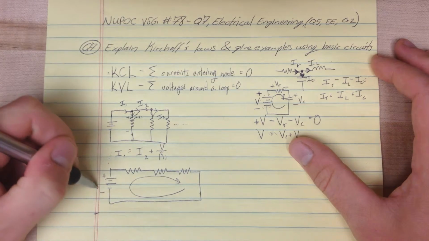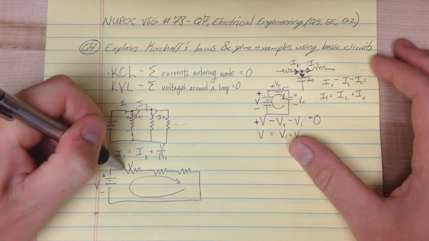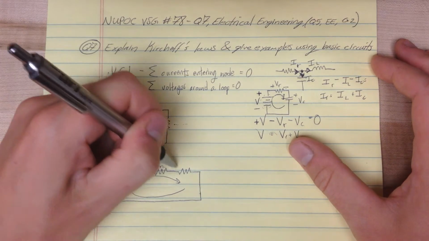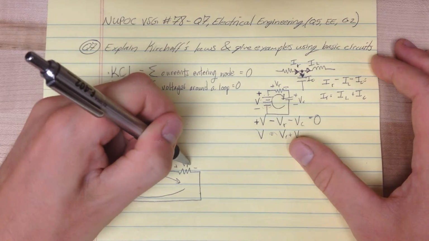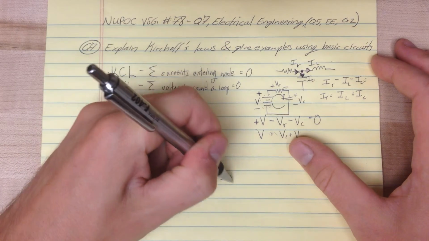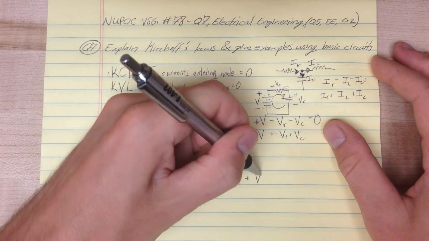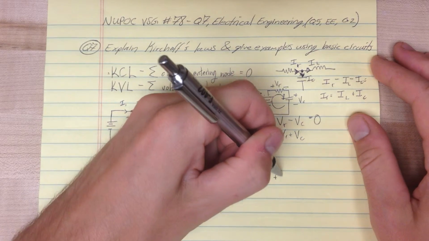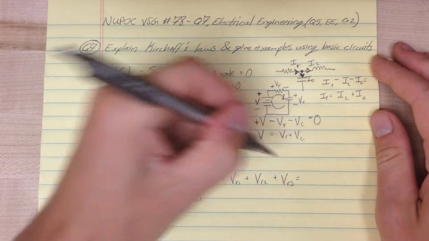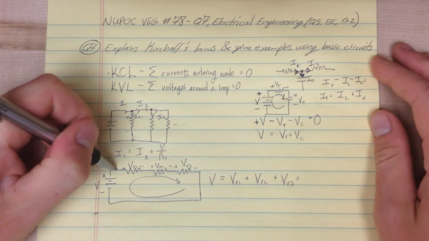So maybe this is VR1, VR2, VR3, and I could start by writing something like V equals VR1 plus VR2 plus VR3, and then I could start substituting things in, like there's some current here.